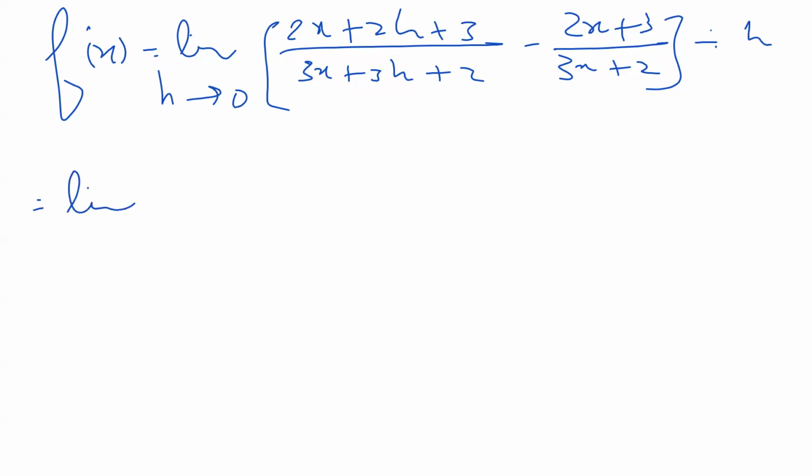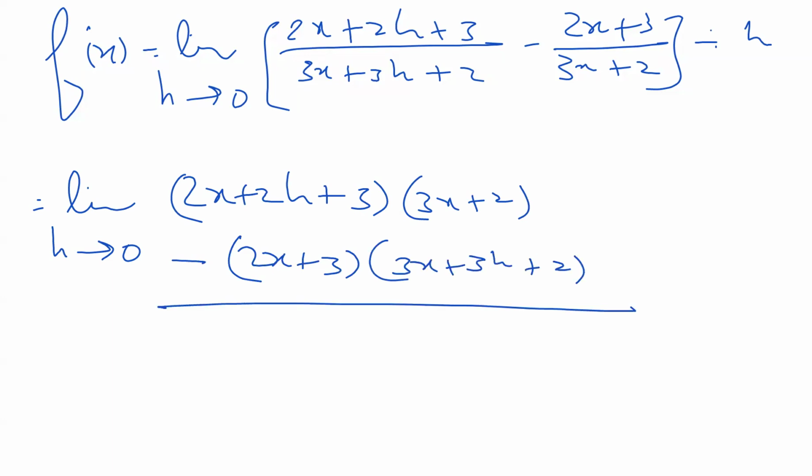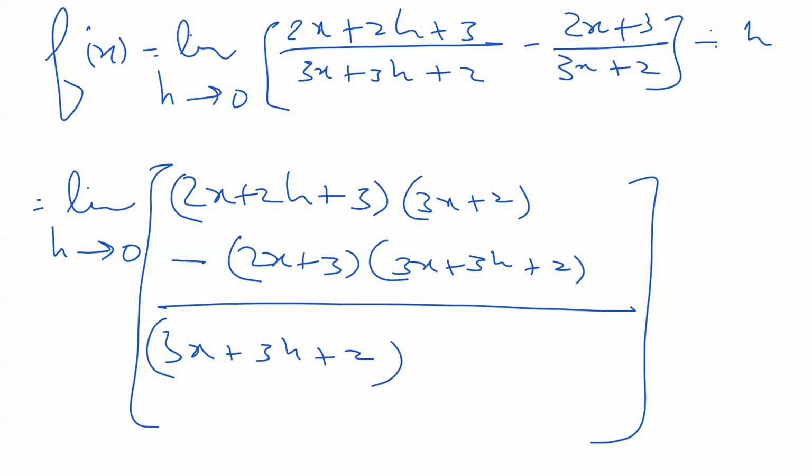So limit h approaching 0, 2x plus 2h plus 3, 3x plus 2 minus 2x plus 3, 3x plus 3h plus 2, the whole upon 3x plus 3h plus 2 into 3x plus 2 into 1 upon h.